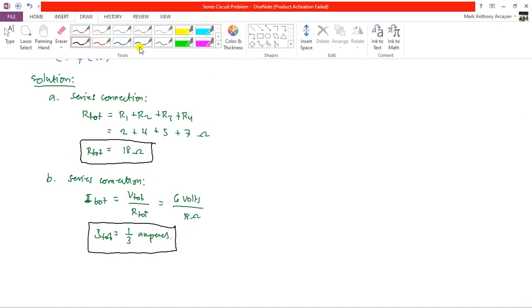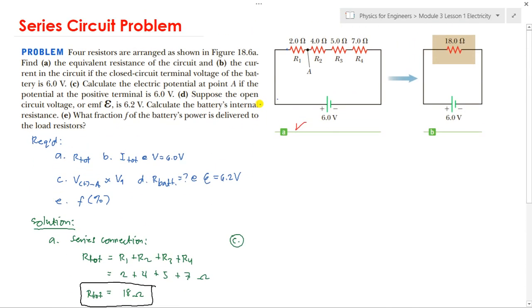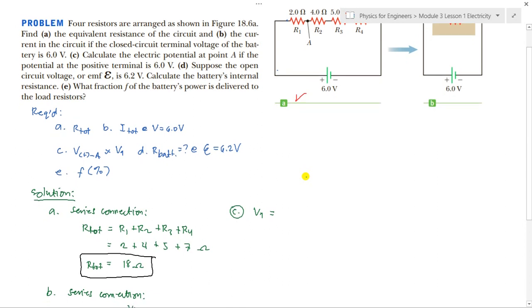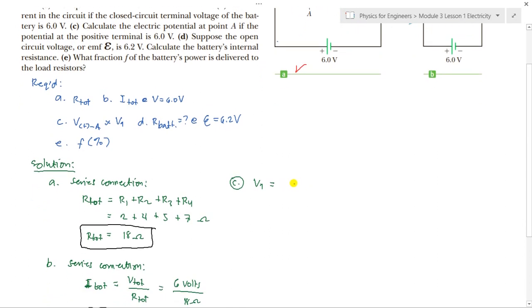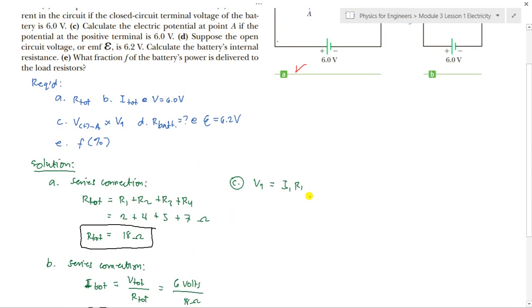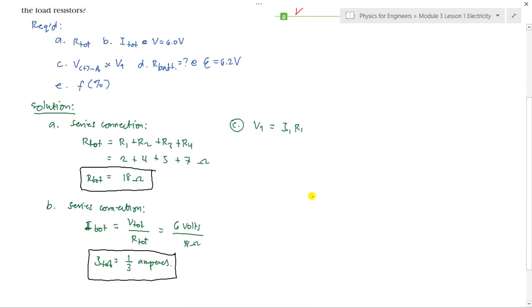So nga ta for letter C. For letter C, calculate the voltage across resistor 1. Okay, that is V1. V1 is just equal to, di ba, the formula for voltage by Ohm's law, I1 multiplied by R1. So we are given the resistance of resistor 1, then I1, syempre we'll know that I1 is equal to I2 up to I4, which is the same as the total current.